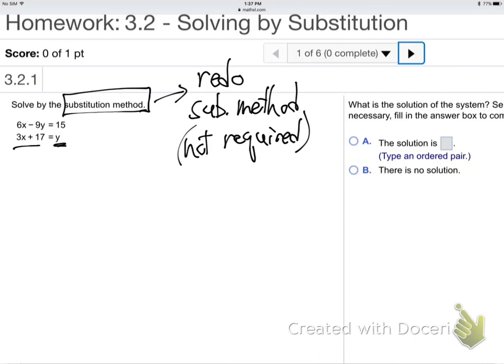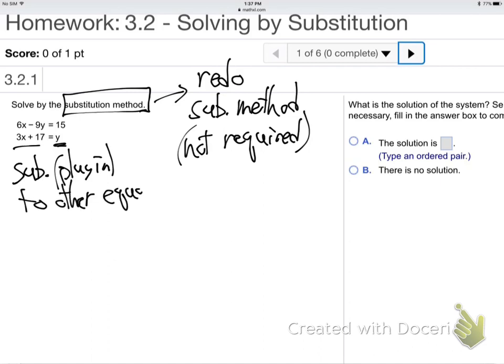So what you do in the substitution method is you substitute, or plug in, same thing, into the other equation. That's what the substitution method is. It's about plugging into the opposite equation. So you say, okay, you're telling me y is 3x plus 17, so I can plug that in for y in the other equation.